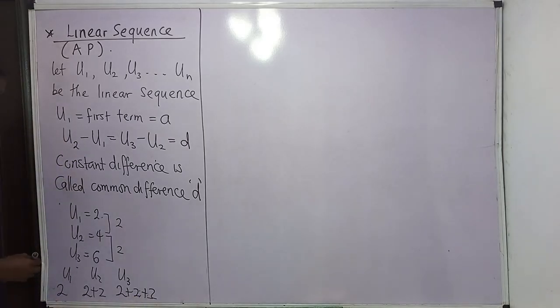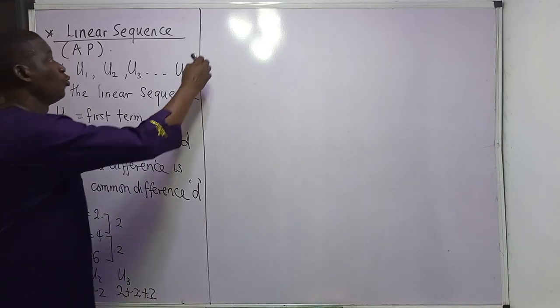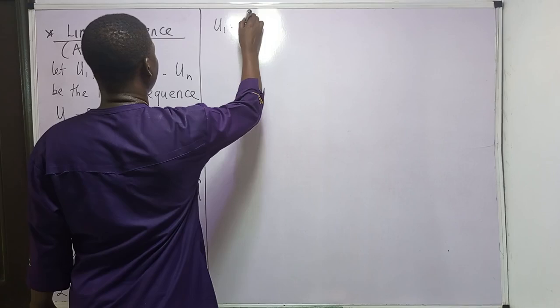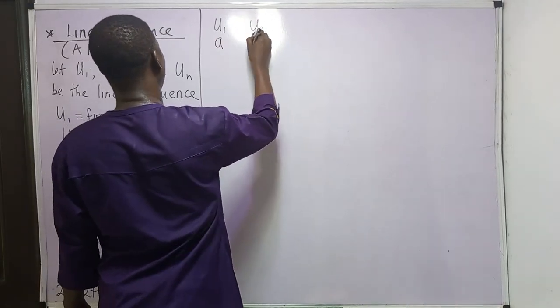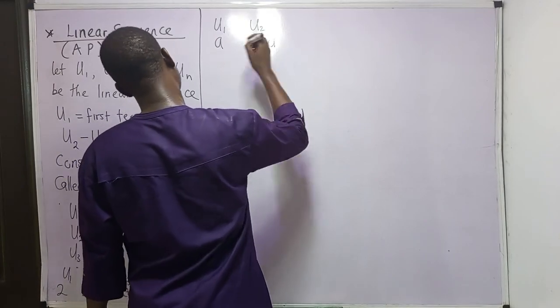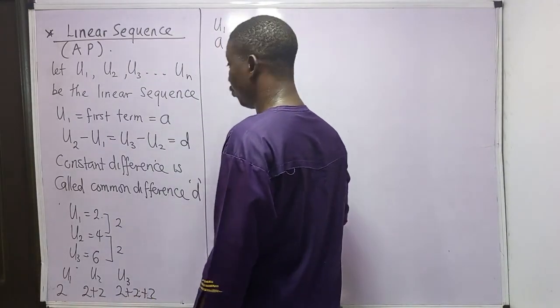So if I have my first term to be A, U2 will be A plus the common difference, which is 2 here.